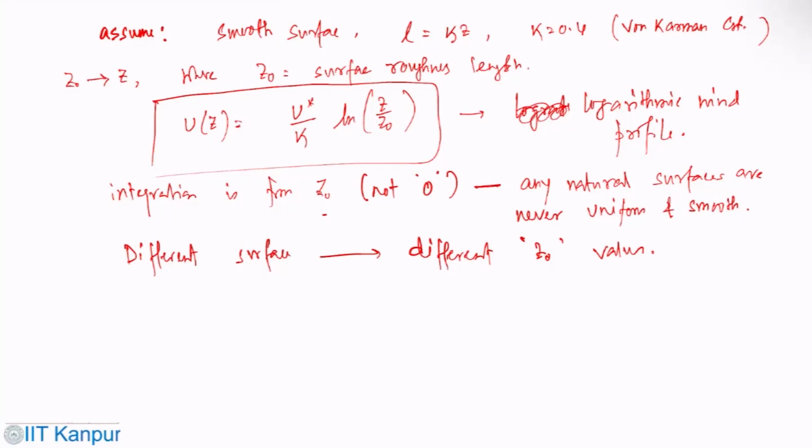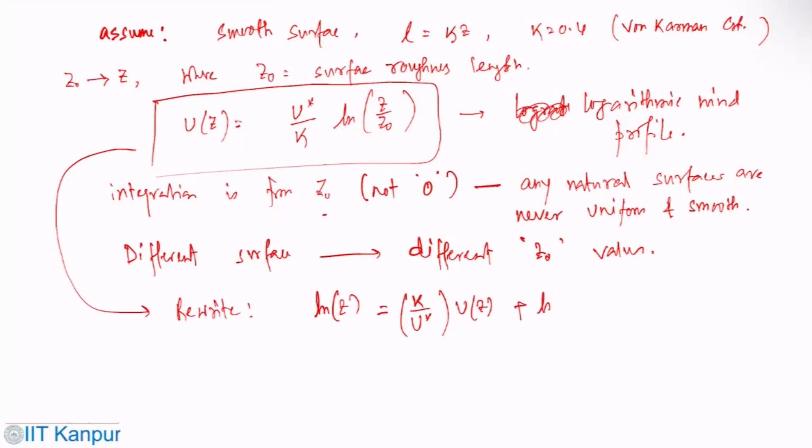This equation here we can rewrite in different forms. So we can write ln of z equals kappa over u star times u of z plus ln of z naught.